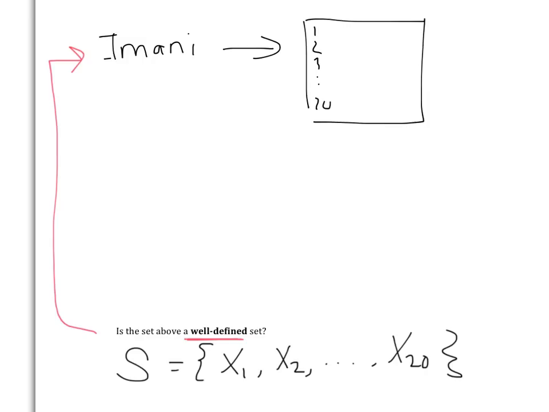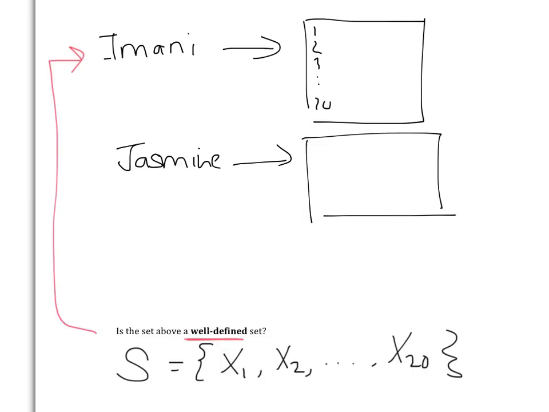And I ask Jasmine, on her piece of paper, to write down, again, all the students in the class. If I compare the two pieces of paper, I'm still going to have the same number of students here and here. They might be in different order, but it's pretty clear. We know that there's 20 distinct students in this class.